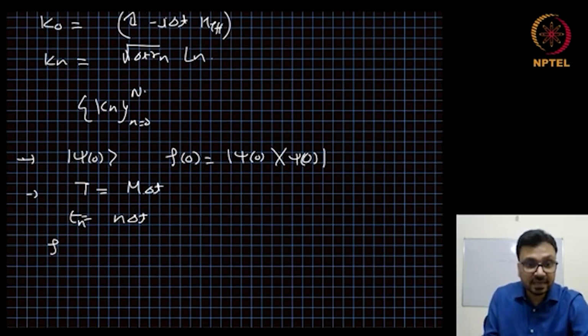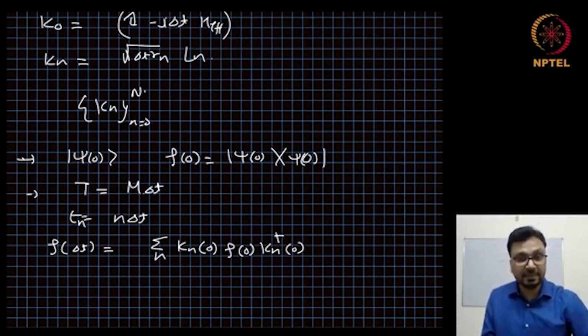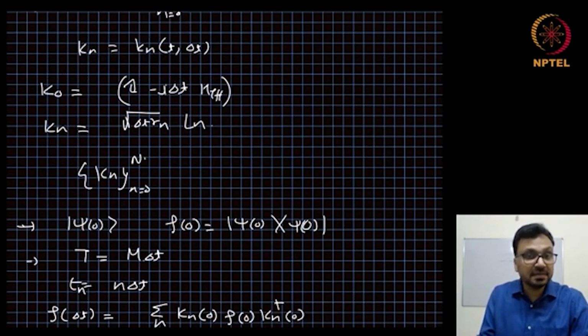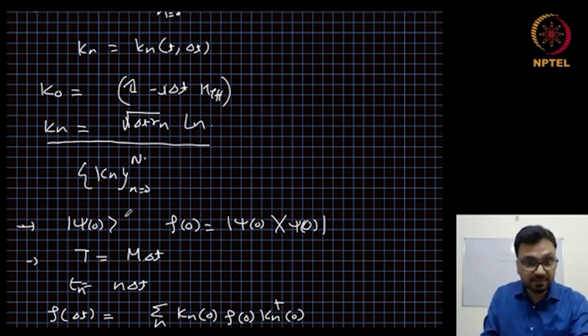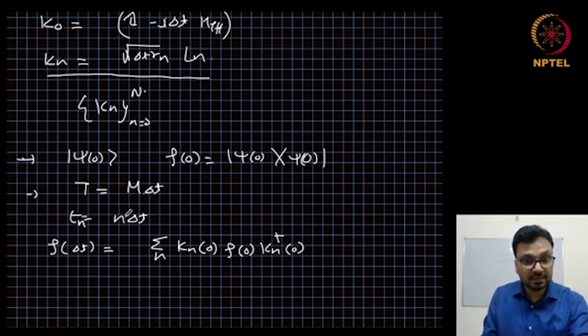So the state at time delta t will be sum over n, Kn at 0, rho at 0, Kn at 0 dagger. So we will find Kn at time t equals 0. Let us take a simple case where Ln and gamma n are time independent, so the Kns are constant throughout. And the H effective also is time independent, so K0 is also independent of time in the whole dynamics.